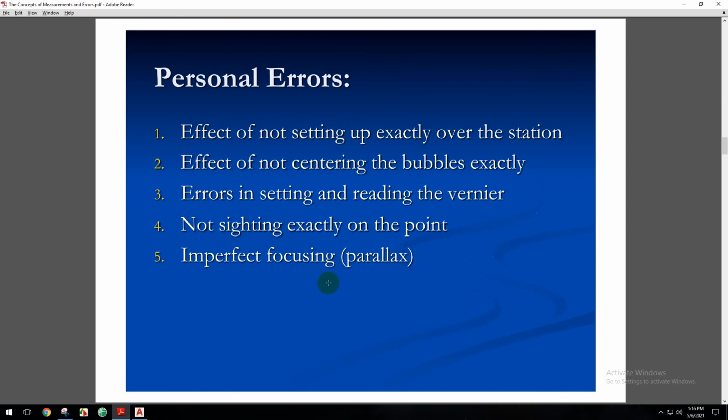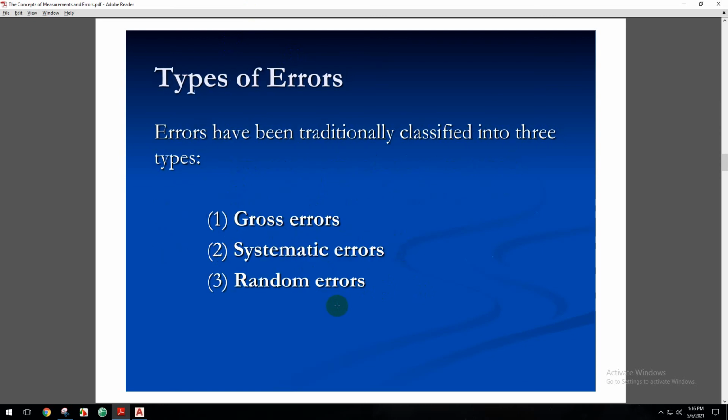Kay maka-cause na siya og parallax nga slight difference sa positioning sa sight nimo. So dapat consistent asa ang position sa imong mata every time mo observe. So mao na ang mga sources of errors. So mao na ang mga hinungdan nganong magka-error ta.